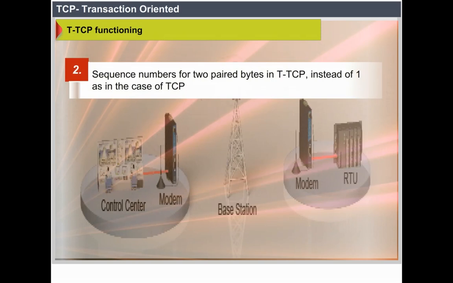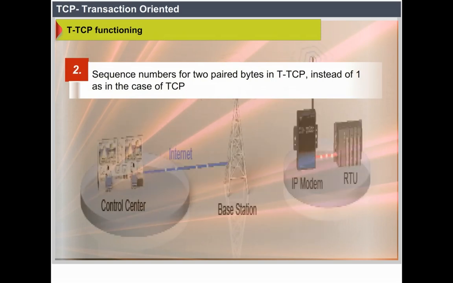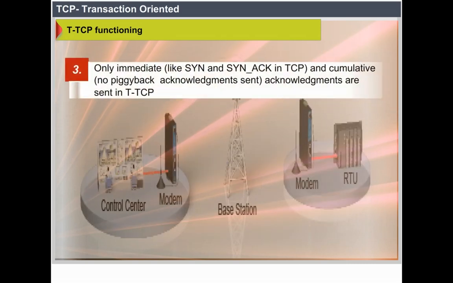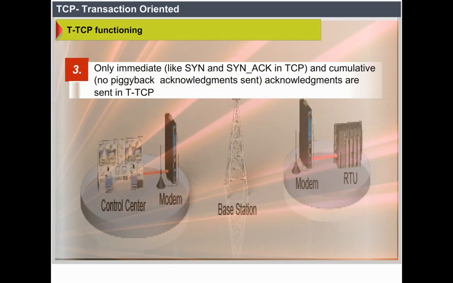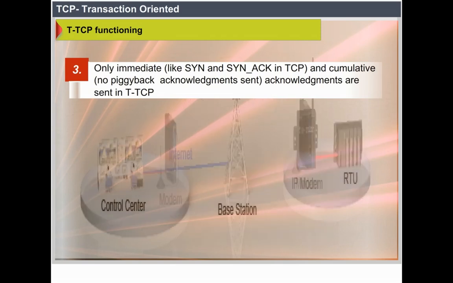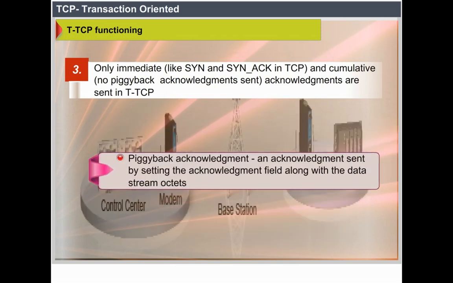Sequence numbers are 2 paired bytes in TTCP instead of 1 as in the case of TCP. Only immediate acknowledgements, like SYN and SYN_ACK in TCP, and cumulative piggyback acknowledgements are sent.